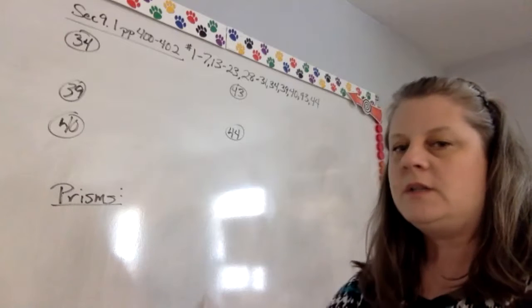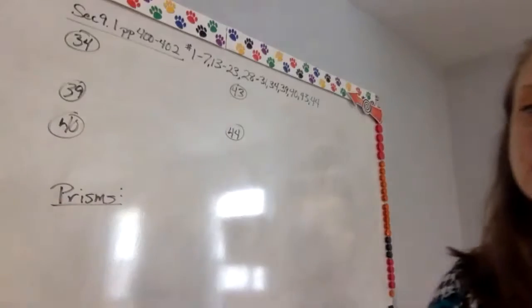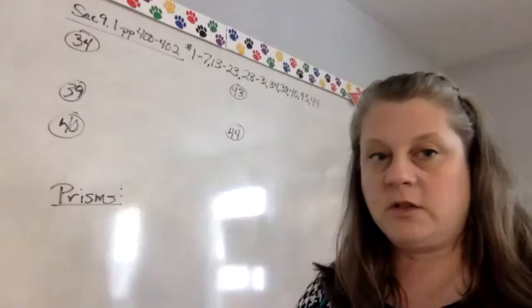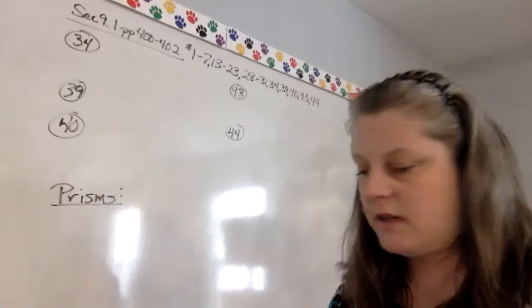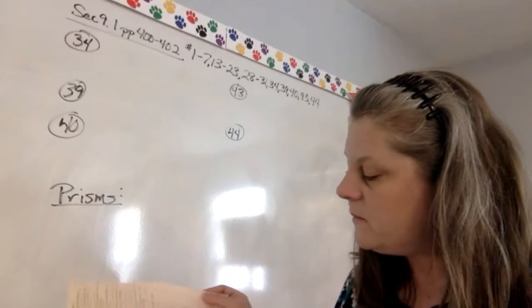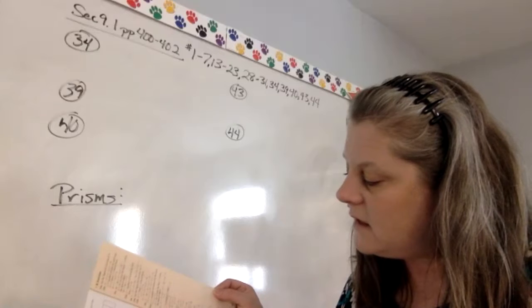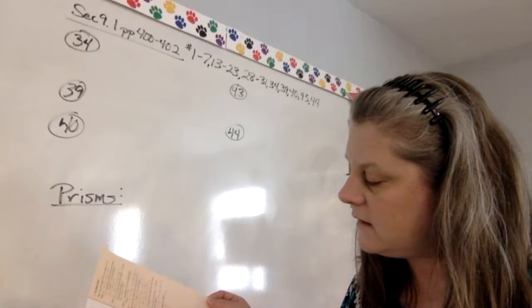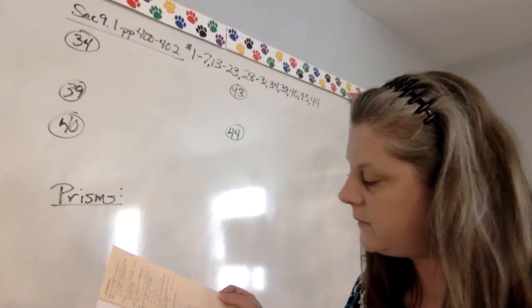Okay, so number 34 goes back to what we were doing at the end of class yesterday. Remember down on 28, 29, 30, 31, we were using Euler's formula and the fact that each edge is the intersection of two faces to find the number of vertices for each convex polyhedron.